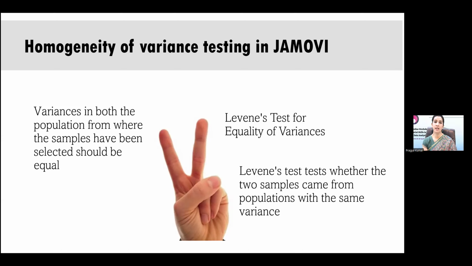If I have gone to a village and selected all the sample from the same village, because my sampling frame was that single village, there is a lot of possibility that variances will be equal between male and female, if my two groups are male and female.